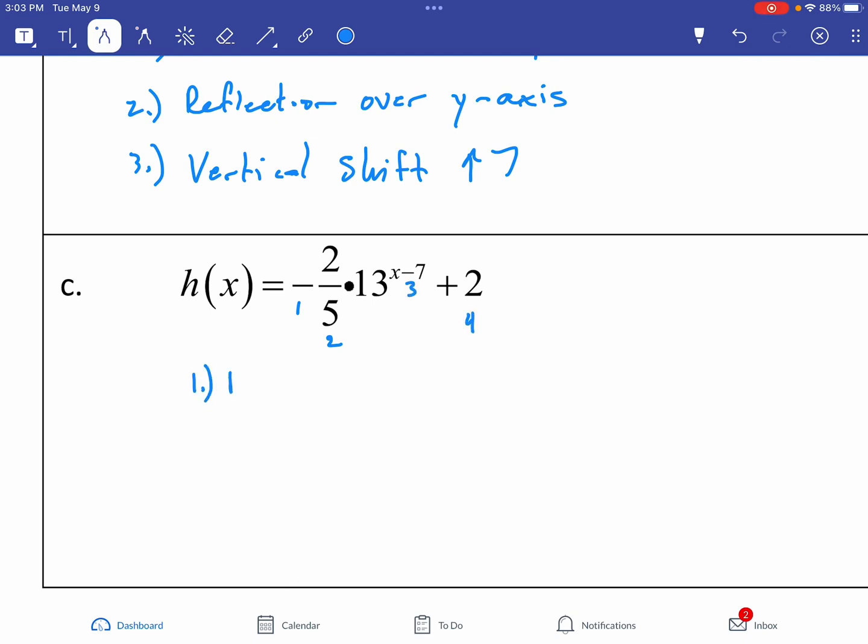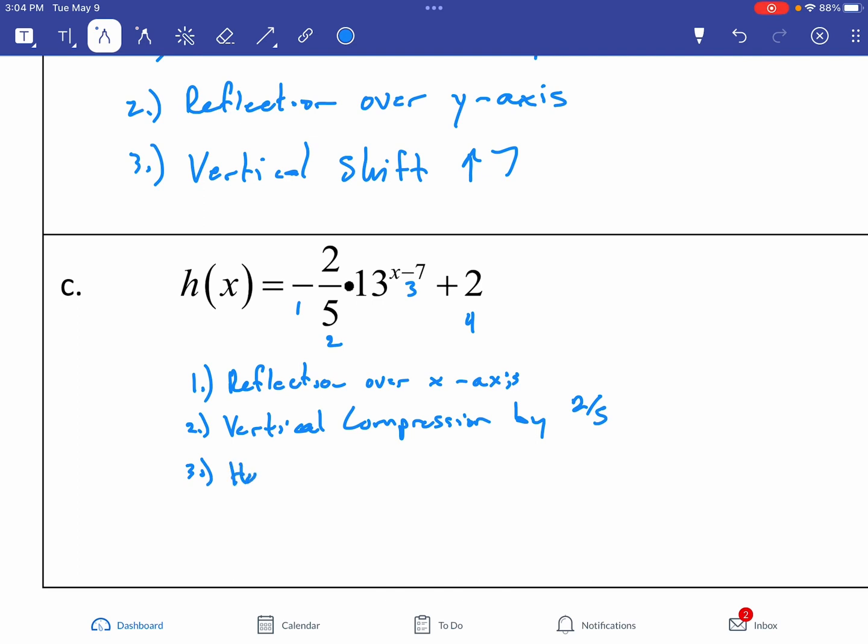First one is a reflection over the x-axis. 2, because it's a fraction being multiplied, it's between 0 and 1, it is a vertical compression by 2/5. 3 is a horizontal shift to the right by 7. And 4 is a vertical shift up by 2.